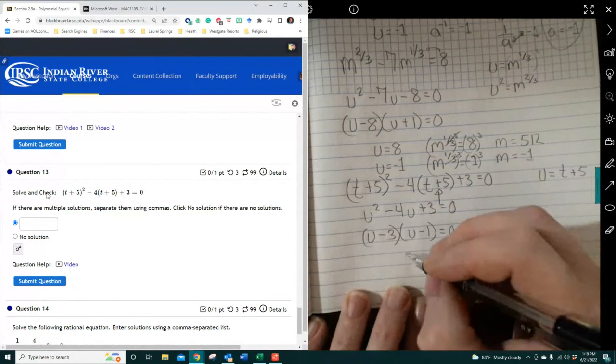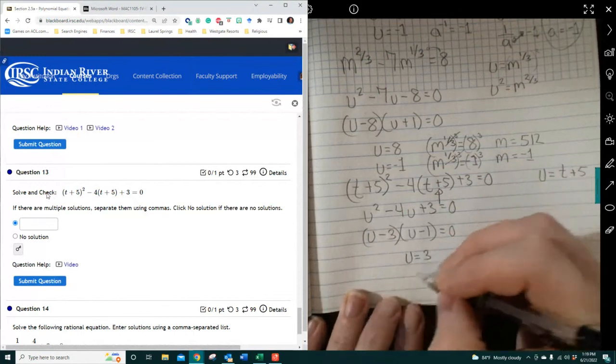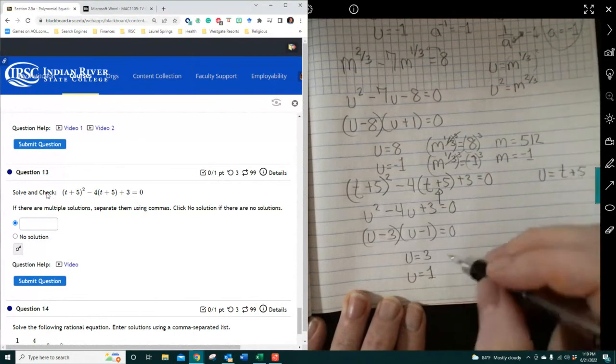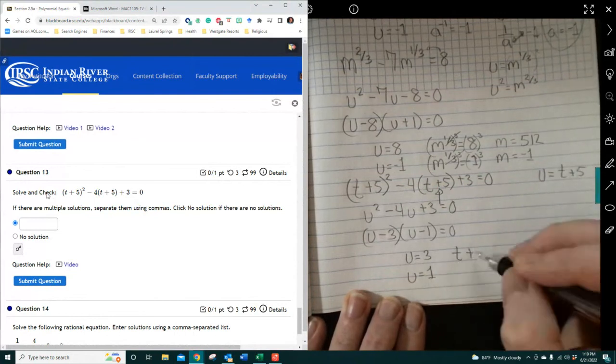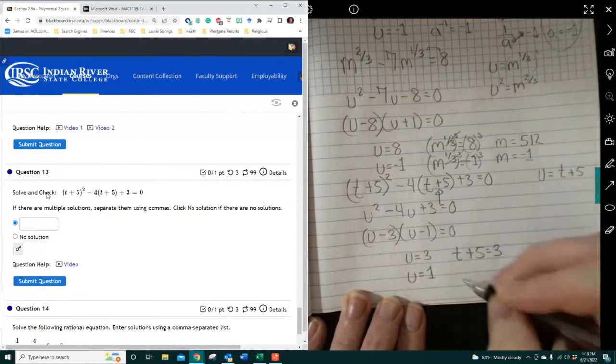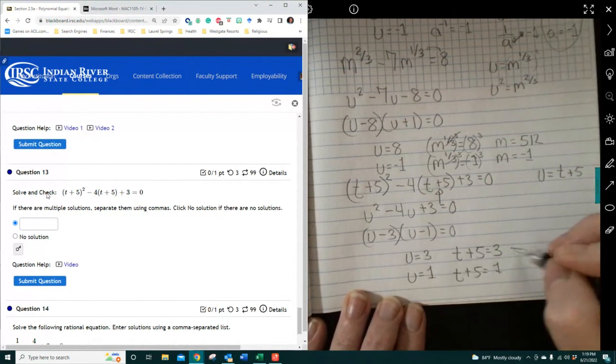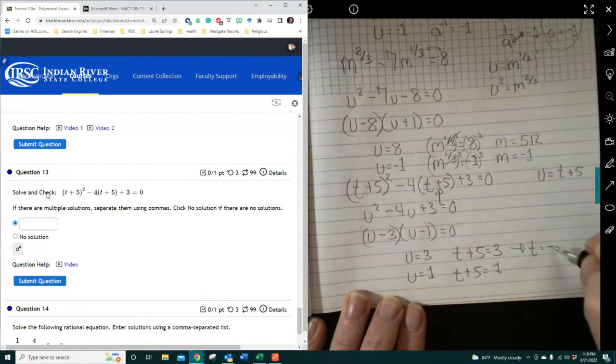And then, of course, we have u equals +3, u equals +1. And then u is represented by t plus 5, so that means t is equal to -2 and t equals -4.